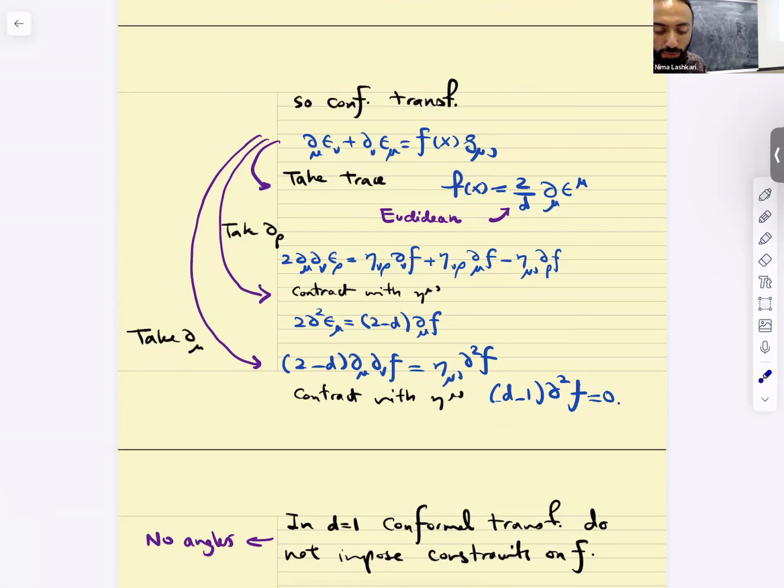Take the trace of both sides. You're going to get f(x) equals 2 over d times ∂_μ ε^μ. I'm assuming it's Euclidean, for simplicity; I'm going to focus on the Euclidean proof. Take this relation and take a derivative with respect to ∂_ρ. You're going to get these relations. Contract with g_μν.